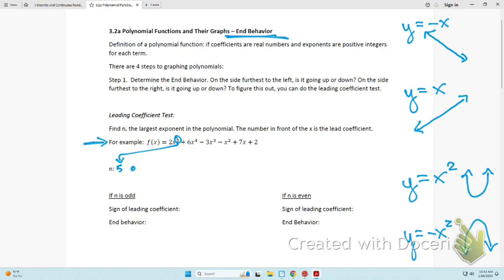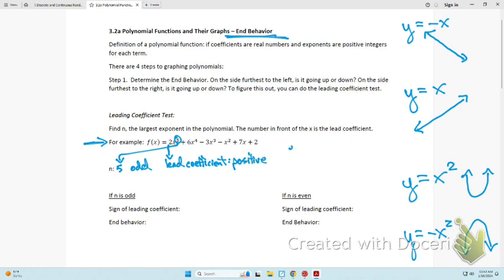It is odd. That tells me many things. I look at the sign of the lead coefficient, and it is positive.